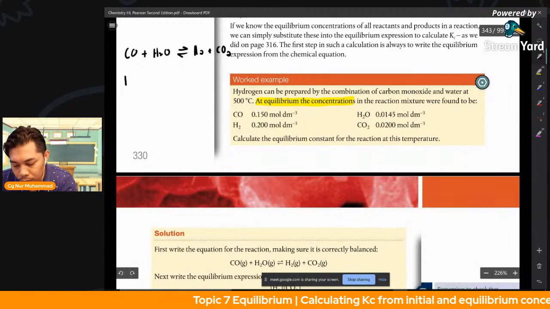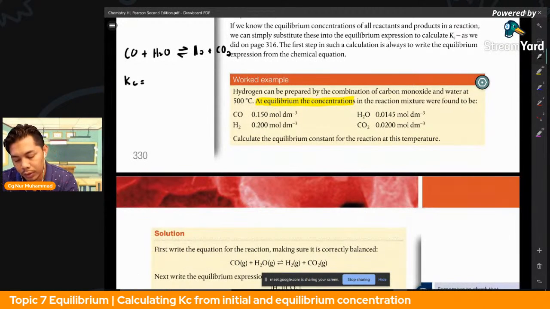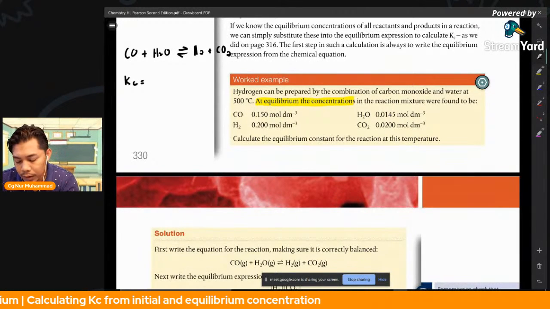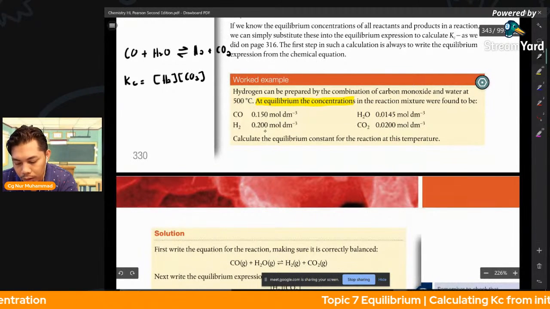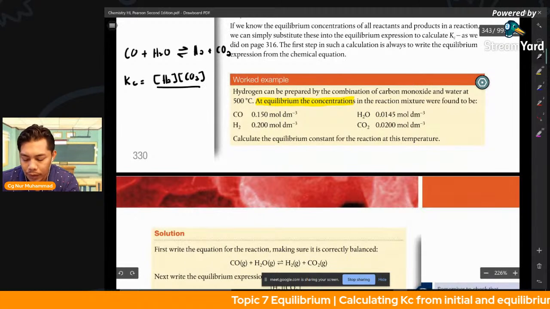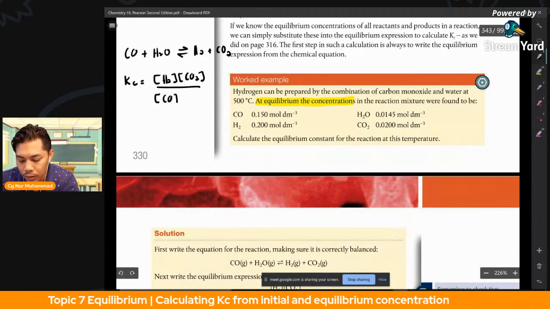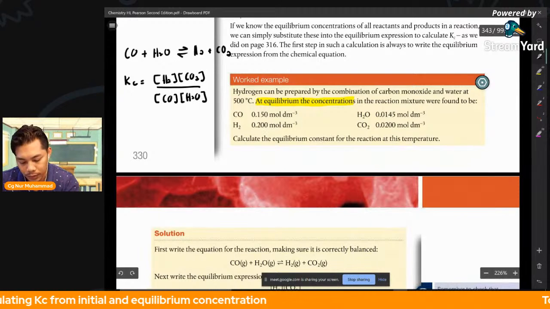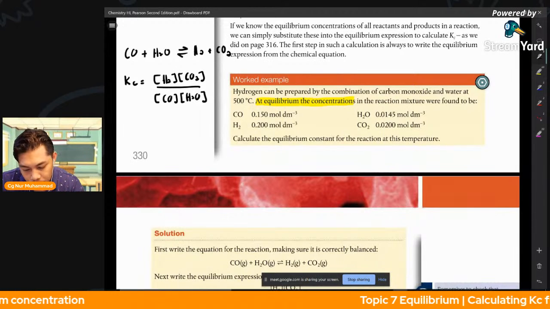Okay, so what is the formula of Kc? Make sure the chemical equation is already balanced. Kc equals concentration of H2 times concentration of carbon dioxide, product divided by reactant, so concentration of CO times concentration of water.